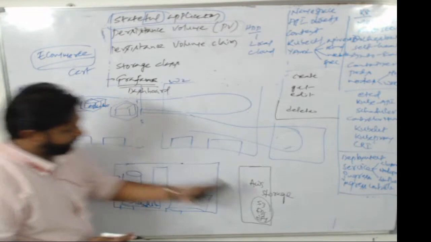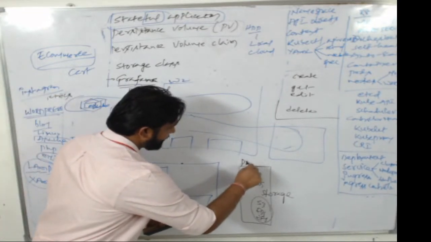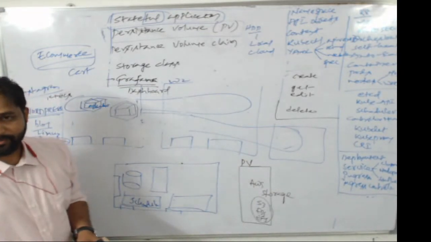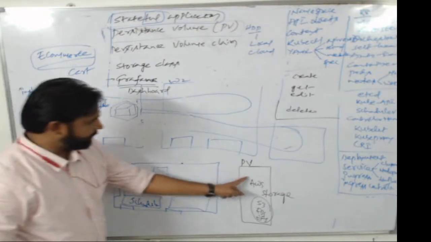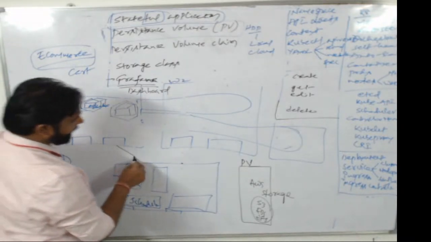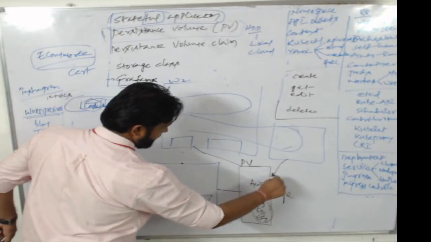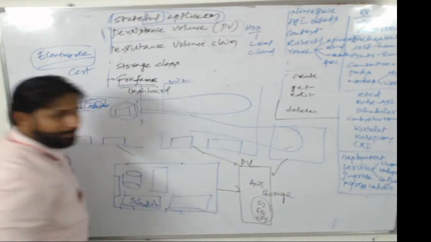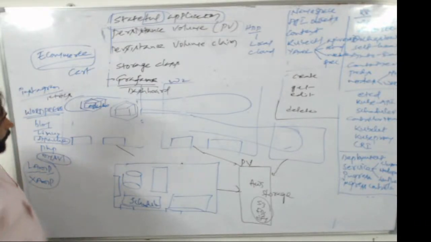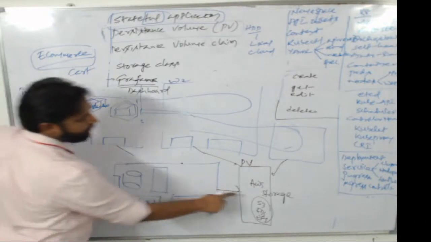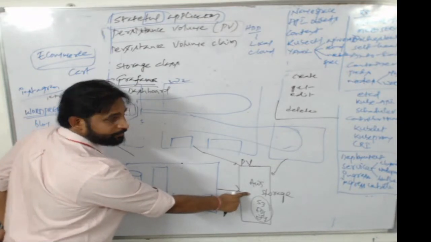Now this guy wants this. Now your persistence volume is this cloud storage. Because this is cloud storage, anybody can access it, isn't it? All nodes can access it. It's just cloud. If you have internet, you can access it, kind of. Now this container wants this persistence volume.